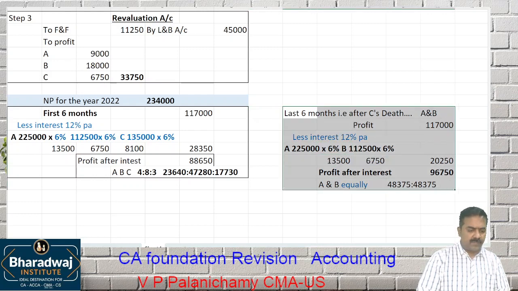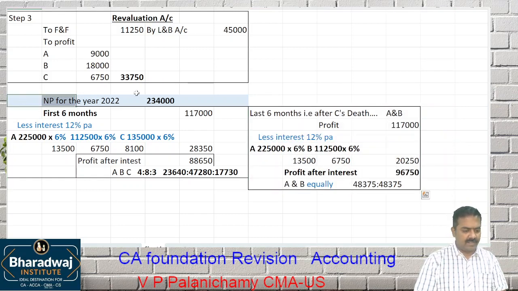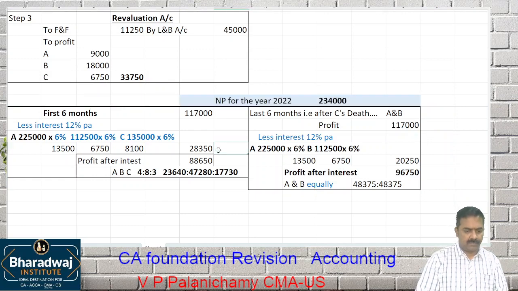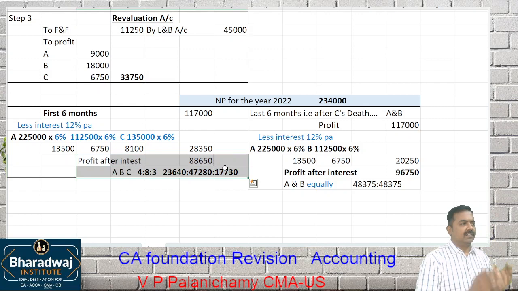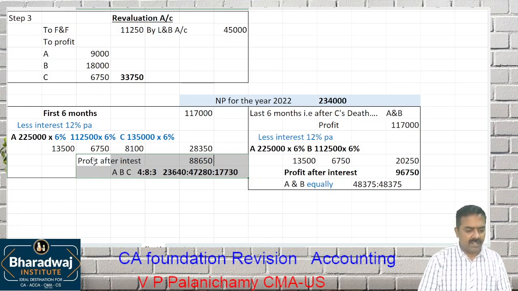So it is definitely difficult to think all this much in the exam. When C dies, we will share this profit through the profit and loss suspense account, sir. But whether the death happens after the preparation of the balance sheet or before that time? Before that time. So this is not estimated profit.